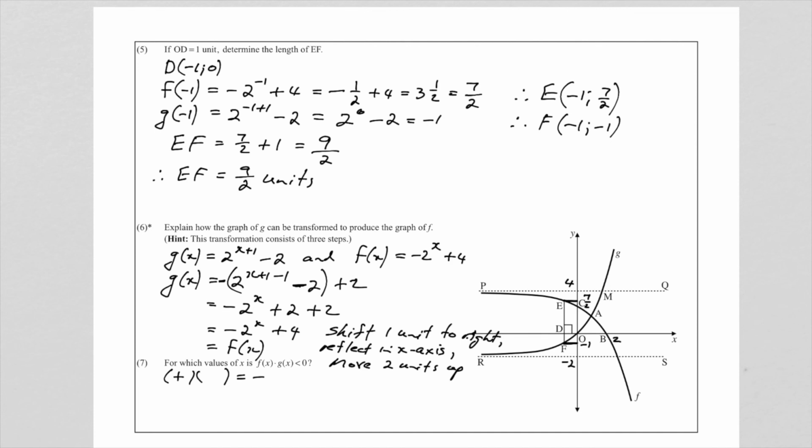So this one is positive and that one negative, or this one can be negative and that one must be positive, and that will also give us a negative. So different signs. And you will remember, when we want the product to be positive or negative, the signs of these functions change at the x-intercepts, not the point of intersection.